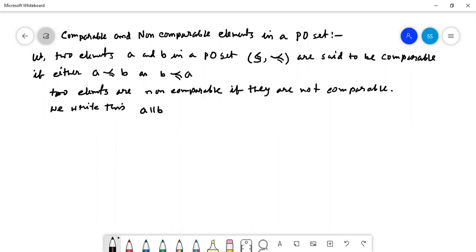So as for example, let S equal to 1, 2, 3, 4 be the set.